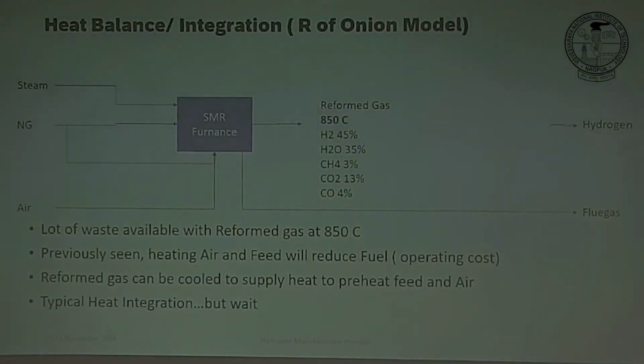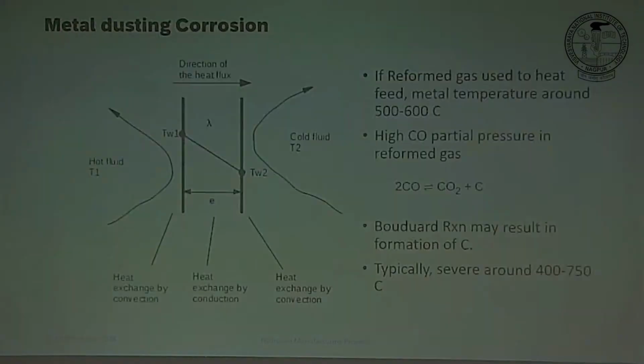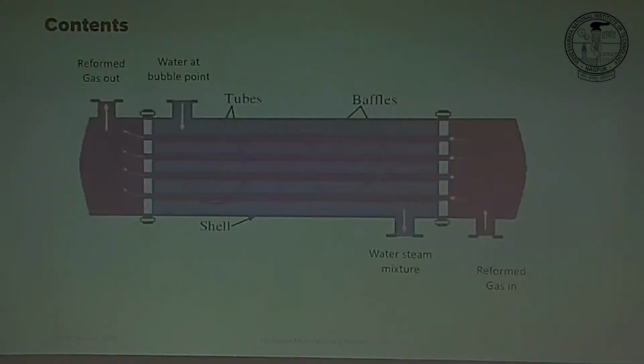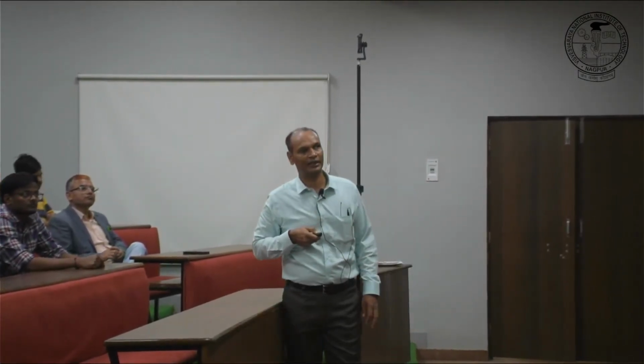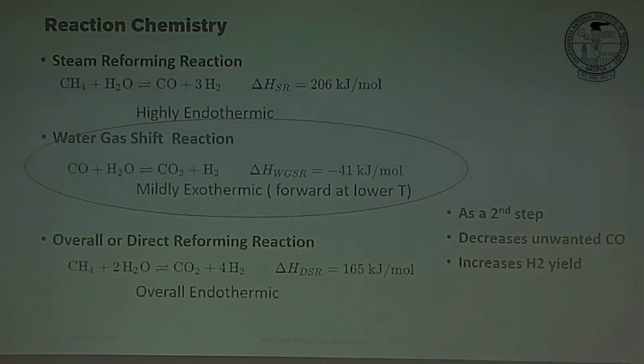That means if we use a specific catalyst, we can carry out this reaction as another step to further convert whatever byproduct we had produced from the first step, and enhance our hydrogen production.